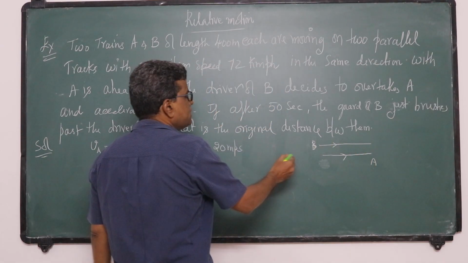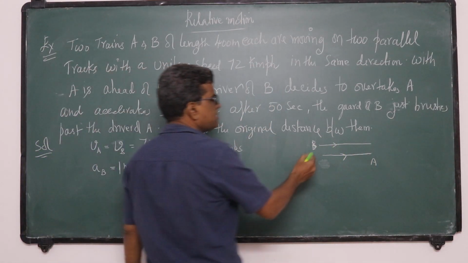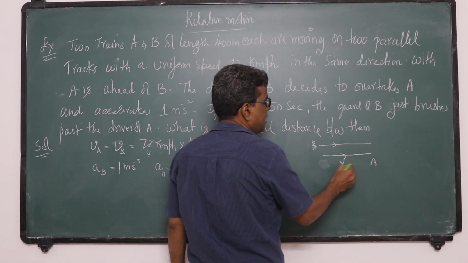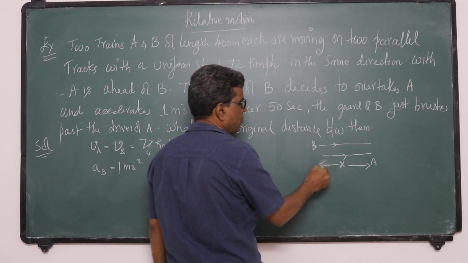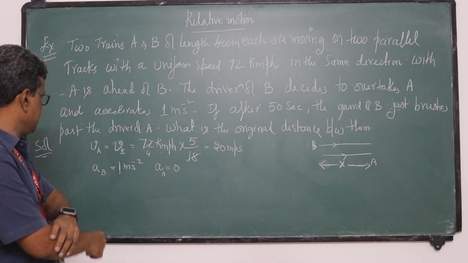So what is the separation between them? What is the original distance between them? The original distance between them we don't know. Let it be x. The separation between them is x.